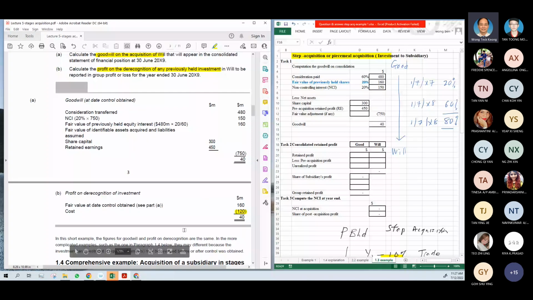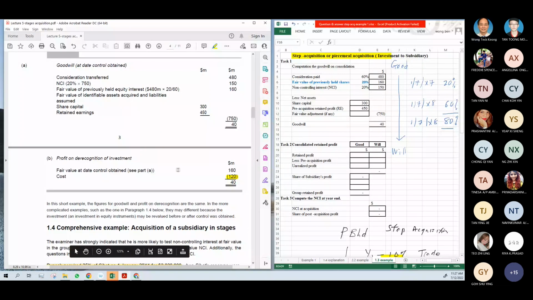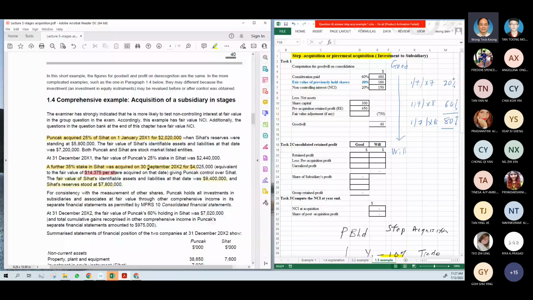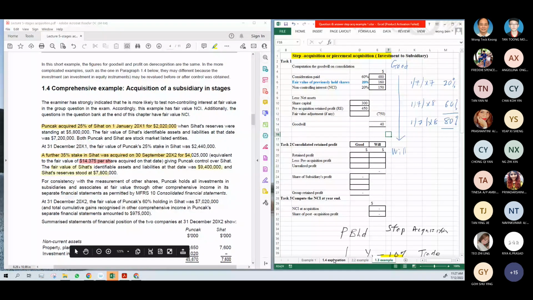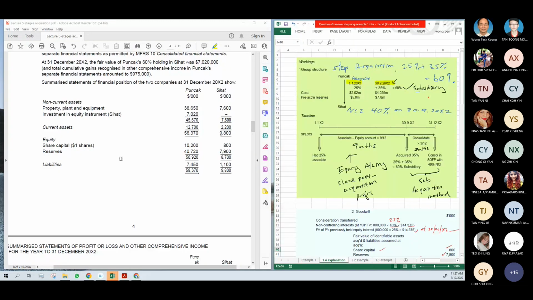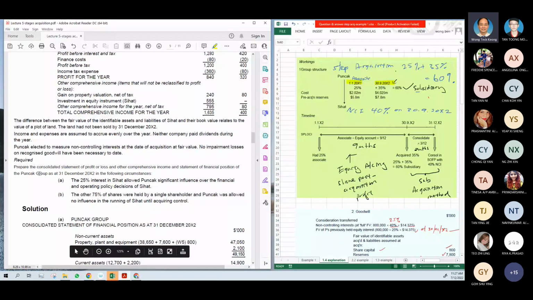So this is quite a type 1, meaning investment becomes subsidiary. Now we go to one more, slightly more complicated, 1.4 here. First we read out the requirement, what they want from you. Required: prepare a consolidated profit and loss and OCI under comprehensive income and statement of financial position for Punchat Group at 31st December X2.